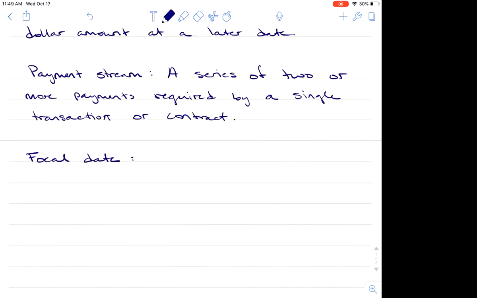To make the test easier, I've told you to use whatever as the focal date, because sometimes in practice problems they don't tell you what to use as the focal date, and it can be hard to figure out. So the focal date is just a date of importance to our calculations.